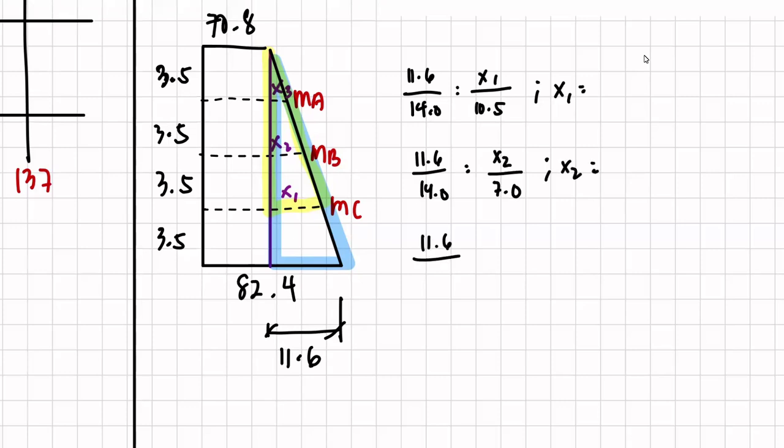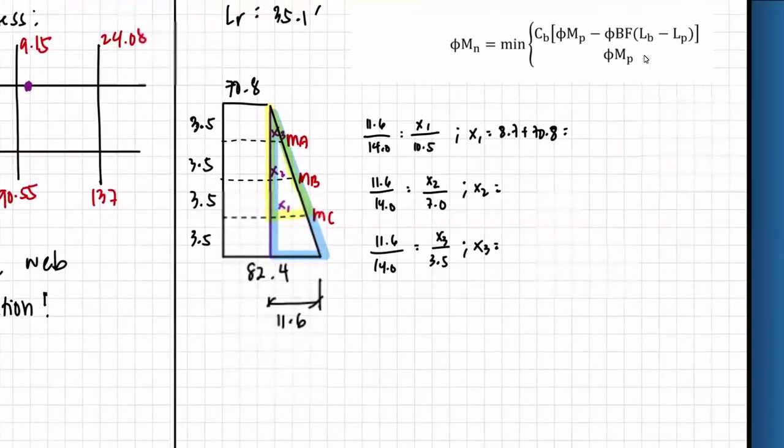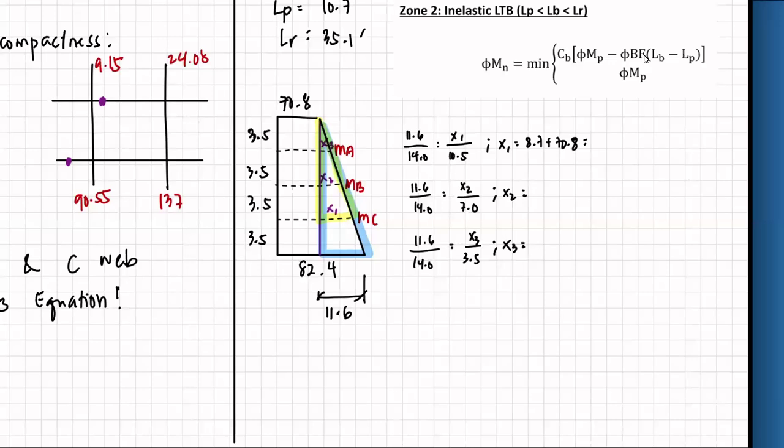Then 11.6 over 14, X sub 3 over 3.5. Okay, so 11.6 times 10.5 over 14, that is 8.7 plus 70.8. 11.6 times 7 over 14, that is 5.8 plus 70.8, and then 11.6 times 3.5 over 14, that is 2.9 plus 70.8. So 70.8 plus 8.7, that is 79.5.